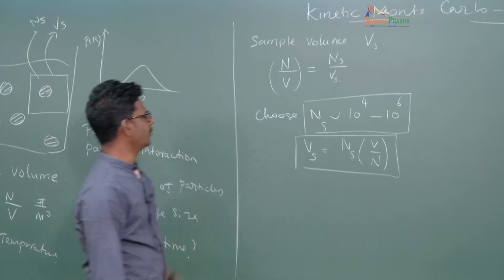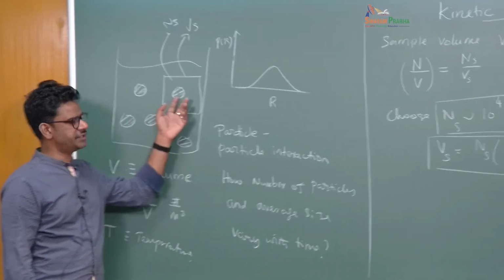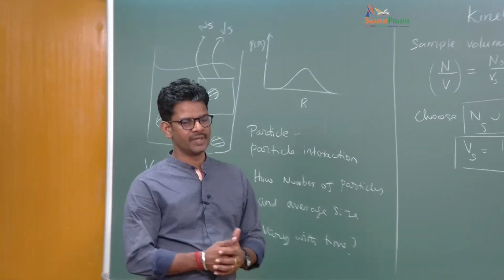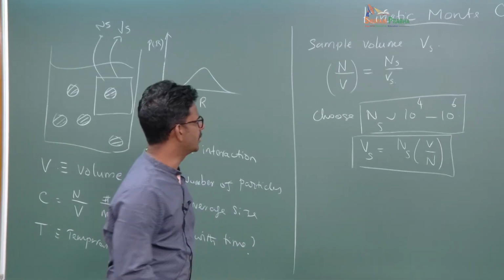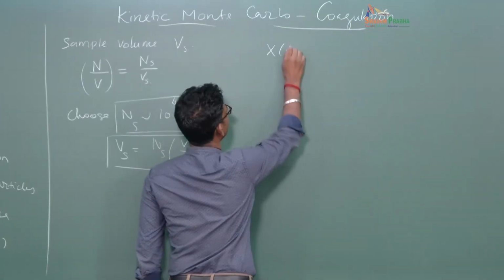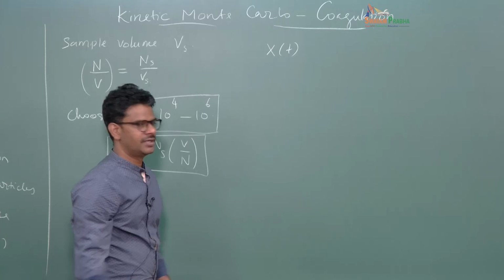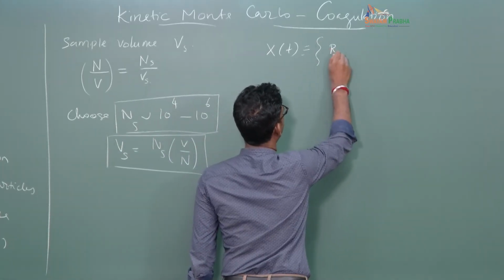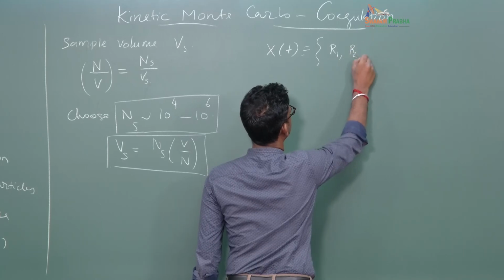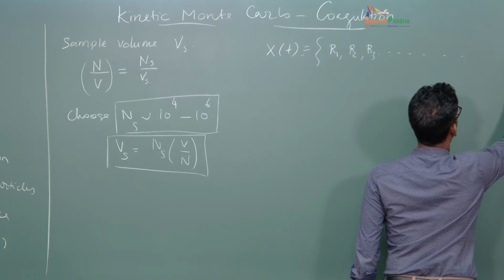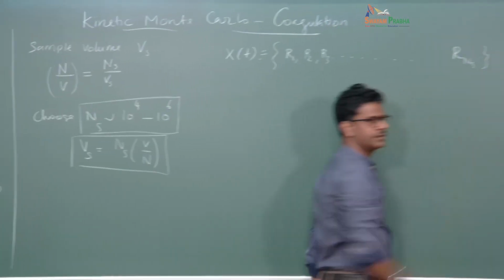So now we want to think about this process of aggregation in the sample volume as a jump Markov process. And so the way we would think about the state of the system, suppose if I say x of t is my state of the system, this would actually mean mentioning the sizes of particles R1, R2, R3 all the way up to R Ns, isn't it?